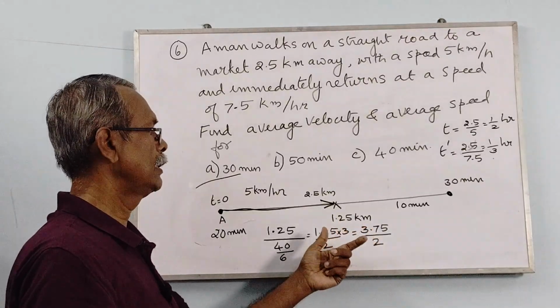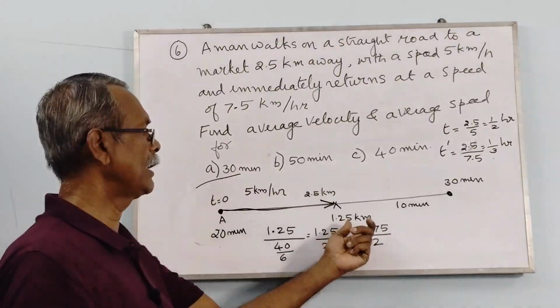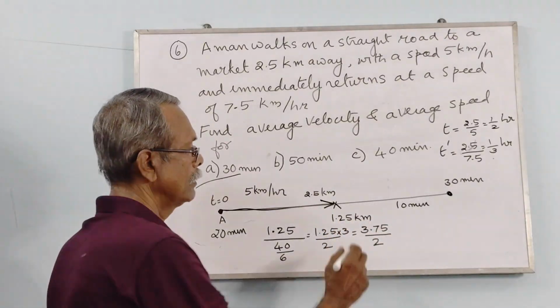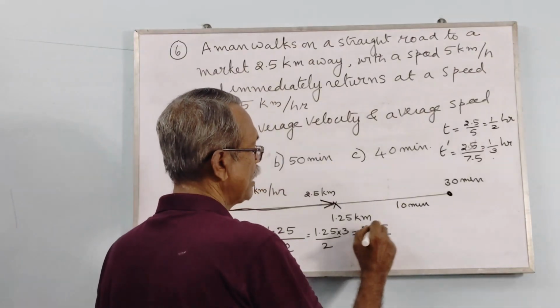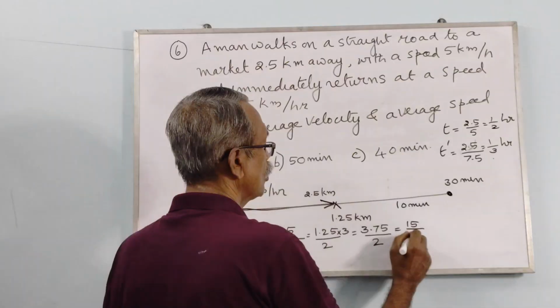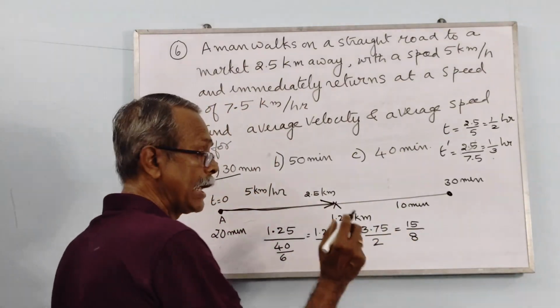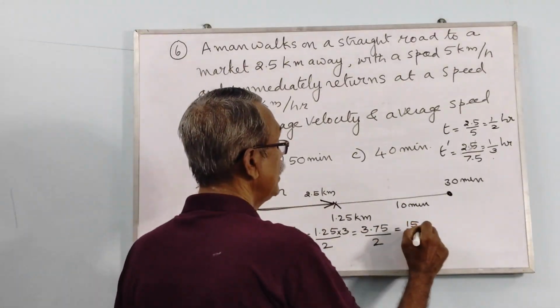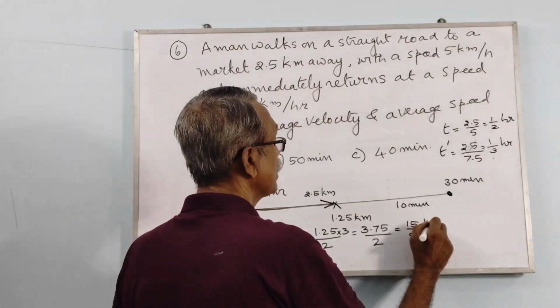In your NCERT textbook, they are multiplying this with 4. Then you multiply this with 4, this is 15. You multiply this with 4, that will be 8. So they are writing the answer as 15 divided by 8 kilometer per hour.